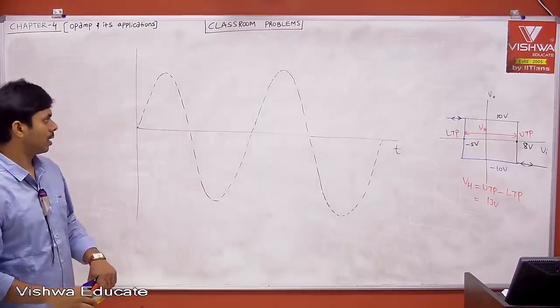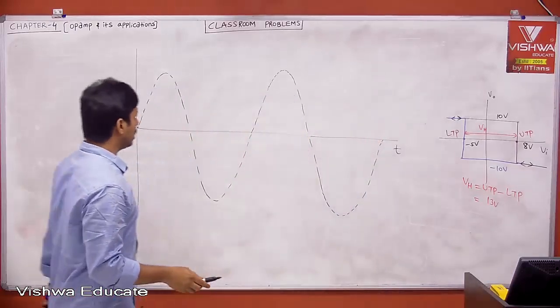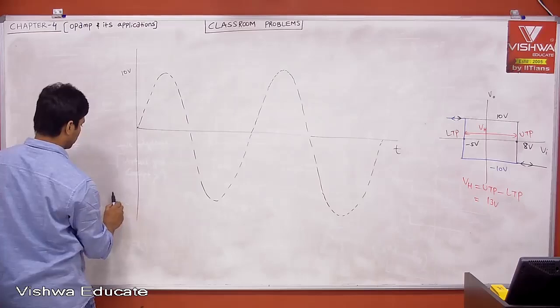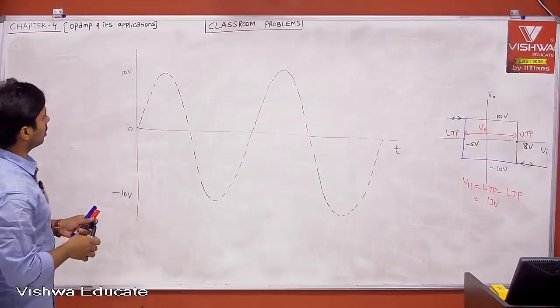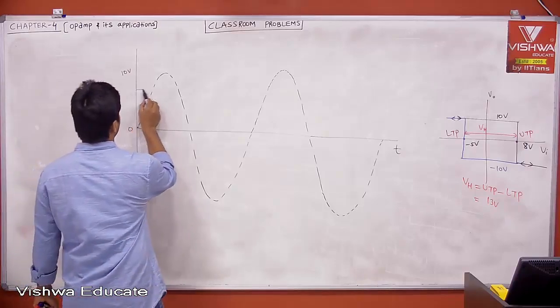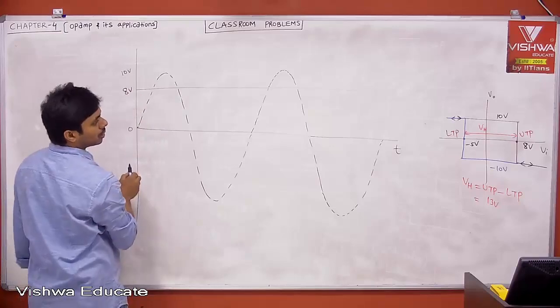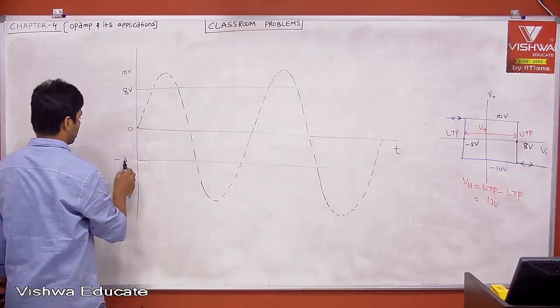Now let us say I'm applying this peak voltage of 10 volts and this is minus 10 volts and this is 0. First of all, what is the switching point? We have 2 switching points. One is at 8 volt. This is the switching point. And another is at minus 5 volt.